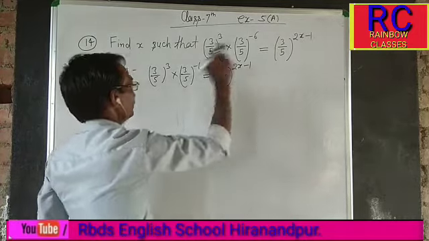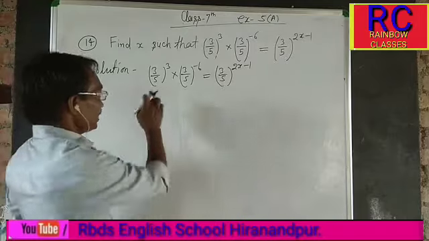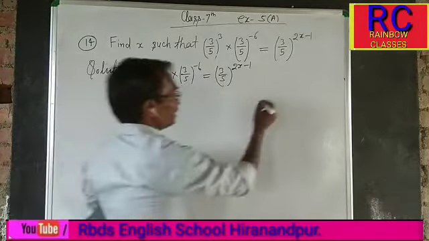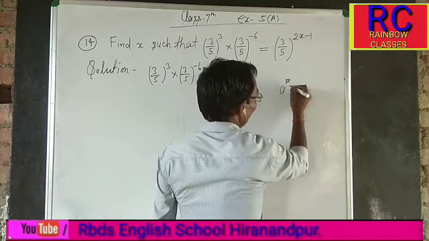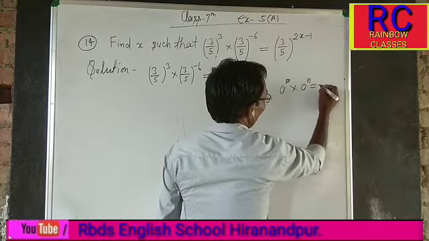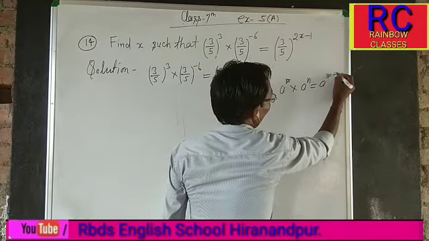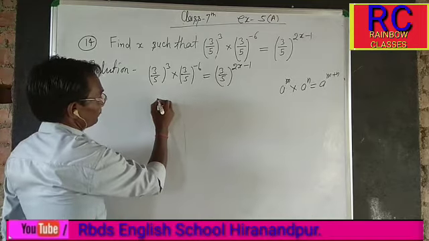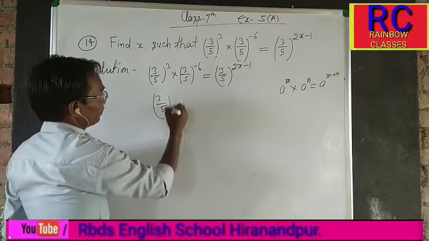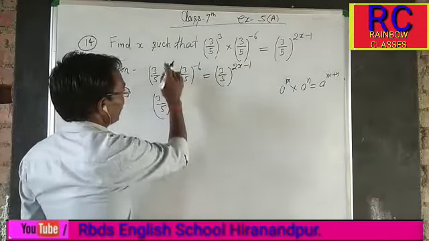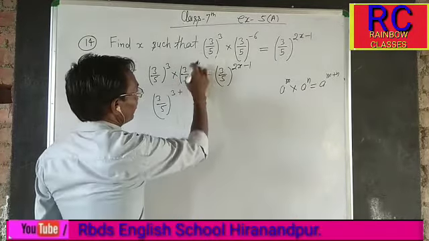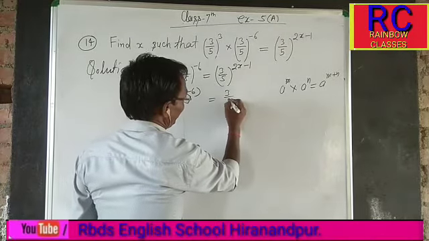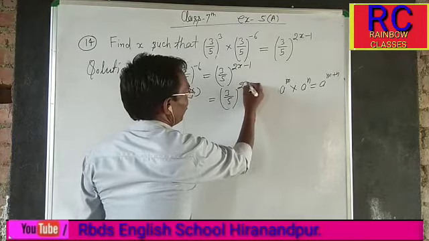The bases 3 by 5 are equal, and according to the formula a to the power m into a to the power n is a to the power m plus n.